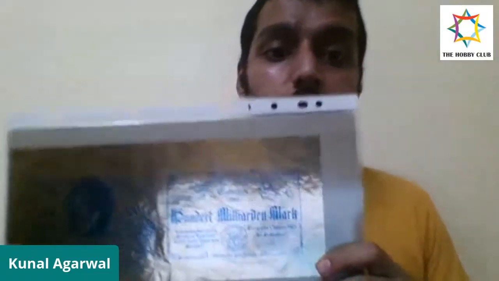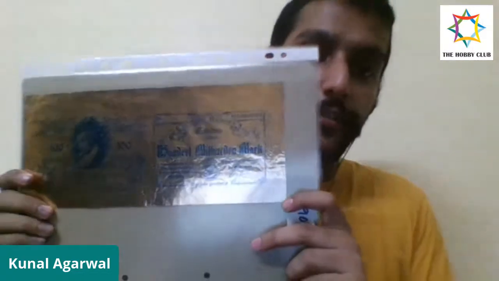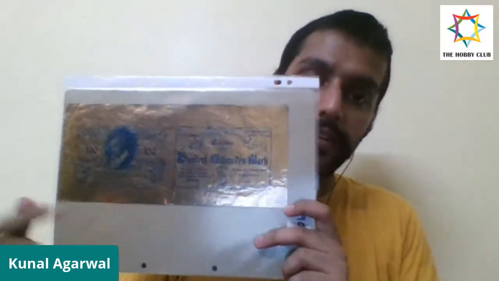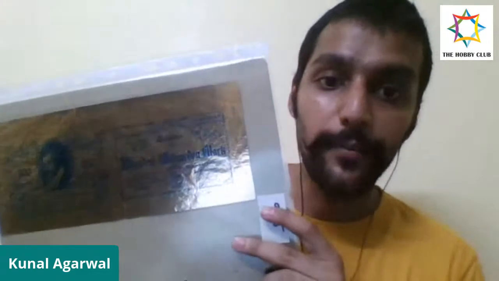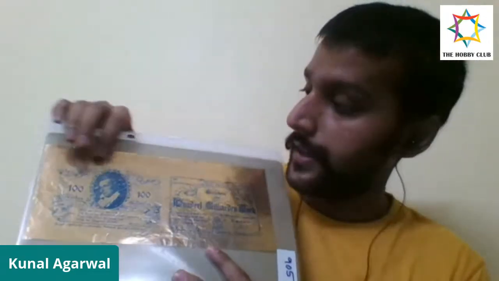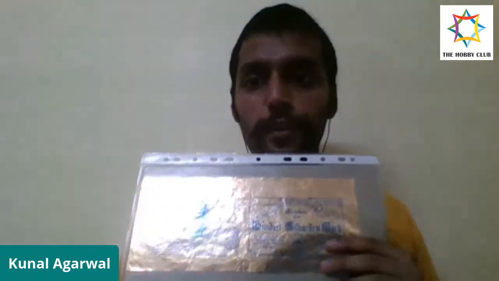So here, this is a proof note. There's a reflection here, but this is the best I can show you because if I touch it or remove it, it's going to get damaged. A proof note is the one which is designed to use before it is put into issue.